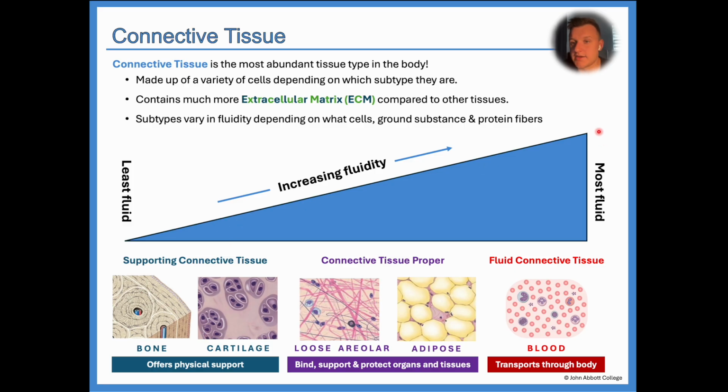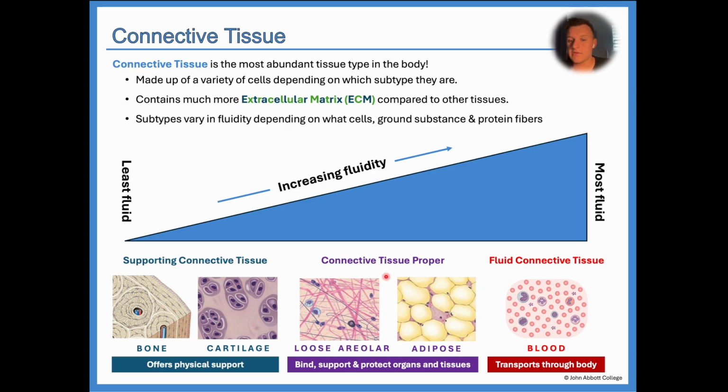Then at the other end of the spectrum, the most fluid connective tissue is blood. This is a watery substance, and this fluid connective tissue is used to transport stuff through the body. And then in the middle, between being very tough like bone or very liquid like blood, is the middle ground.